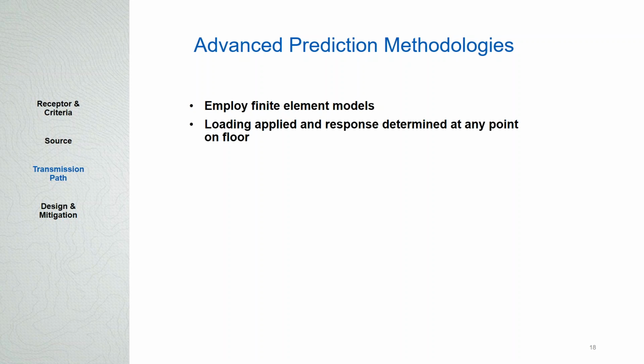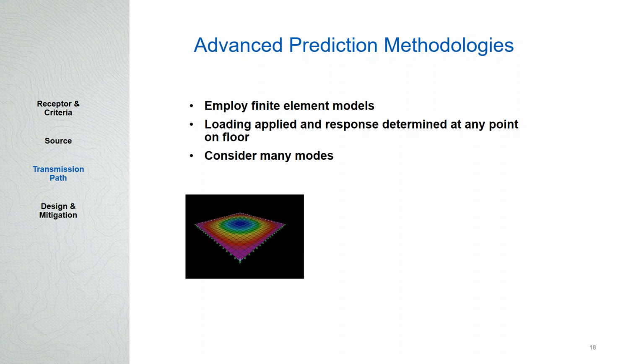So previously, some of these simplified methodologies were most effective. Well, they only really worked whenever you're looking at a walker and the response both in the same bay. So if you had someone walking in a corridor that's on the other side of a column line from your scanning electron microscope, it was really challenging to figure out what the vibrations ought to be. And they consider many modes.